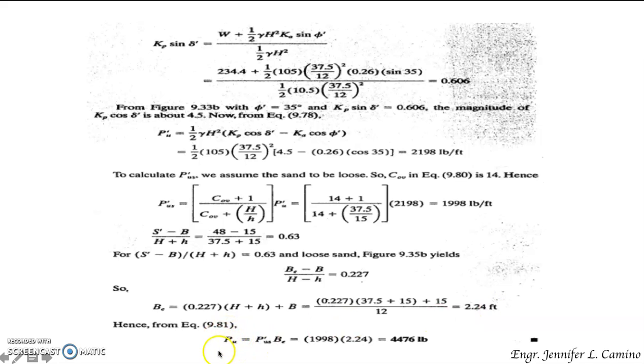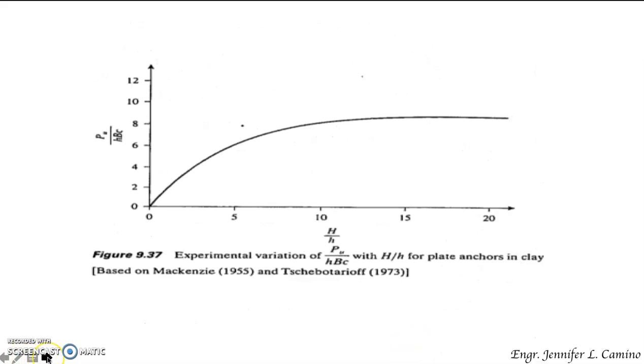And from there, you can now compute for the ultimate resistance of the anchor, which is equivalent to this equation. We have computed that one, 1,998 times 2.24, which gives us 4,476 pounds. So this is an experimental variation of the values for P sub U over H B times C with H over B for plate anchors in clay.